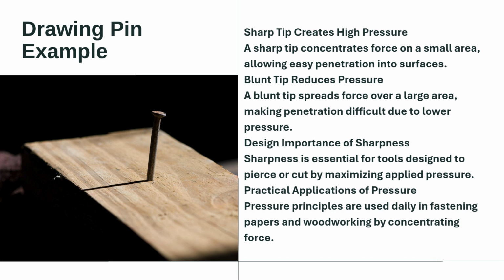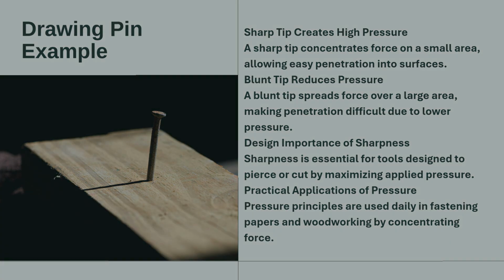This example demonstrates why sharpness is a critical design feature for tools intended to pierce or cut materials. It also highlights the practical application of pressure in everyday life, from fastening papers to woodworking. The concept reinforces the idea that reducing the area of contact increases the effectiveness of the applied force.